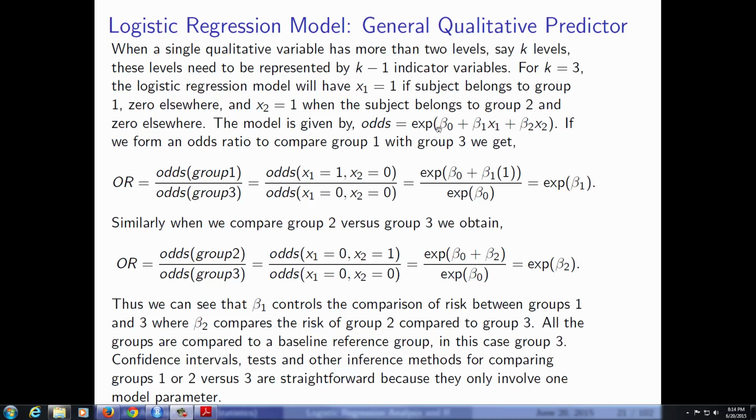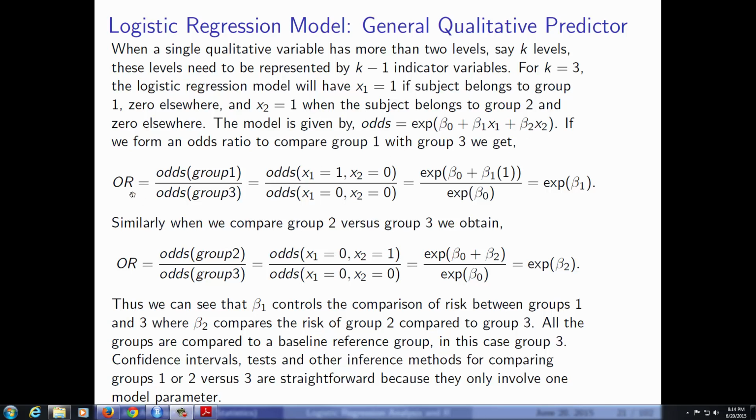We would have e to the beta naught plus beta 1 x1 plus beta 2 x2. x1 would be an indicator variable equal to 1 if somebody's in the first group, and 0 if not, and x2 would be equal to 1 if someone was in the second group, and 0 if not. And that means that in the model, the third group is left out.